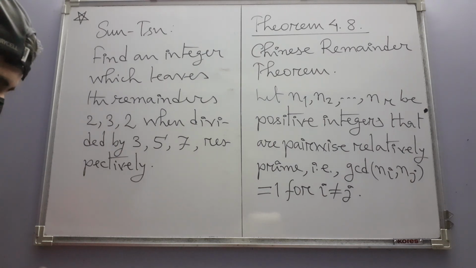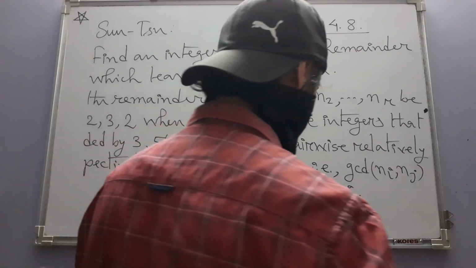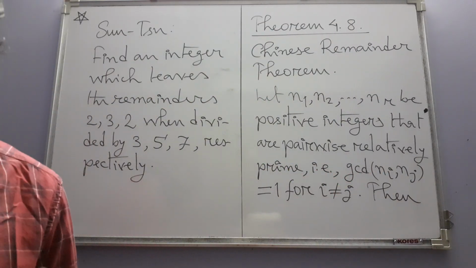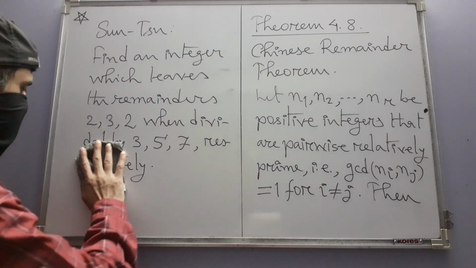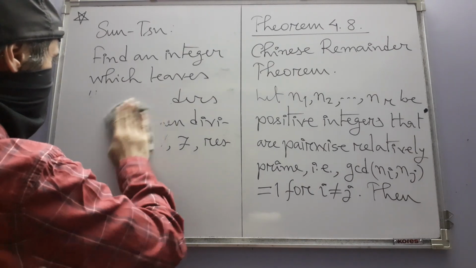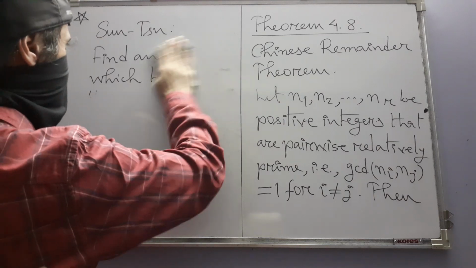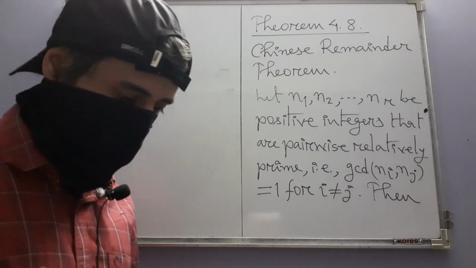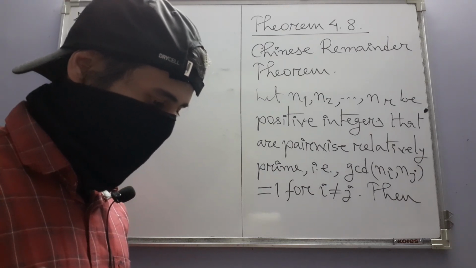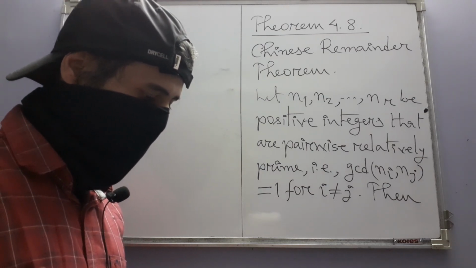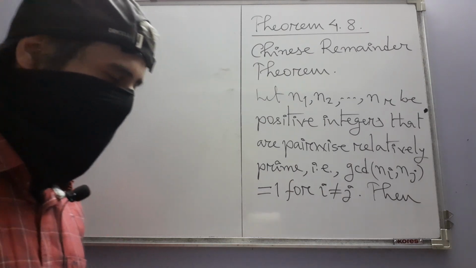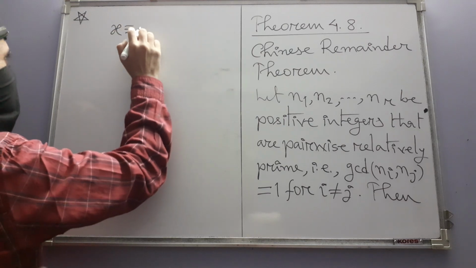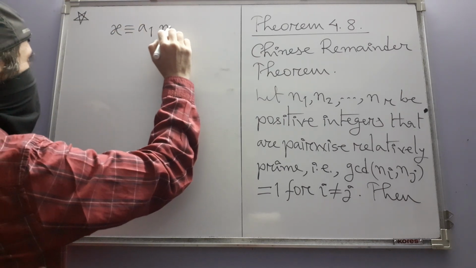Then this system of congruences has a solution. Here, however, the other integers are a_i's, not b_i's; you can give them any name. Then x is congruent to a1 mod n1, and so on.